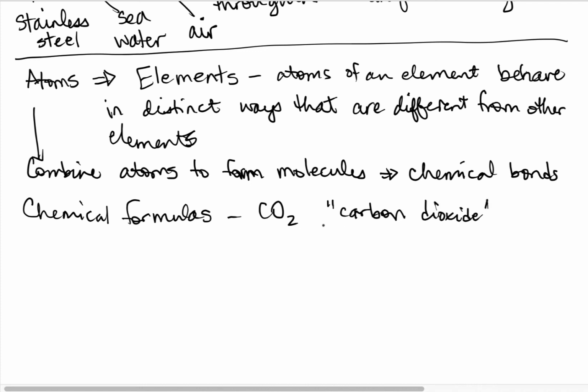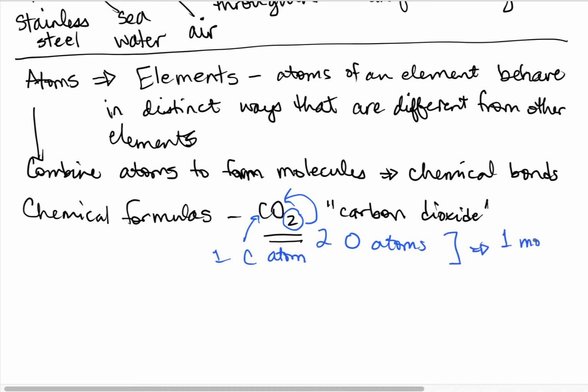And this chemical formula tells us what the ratio is between different elements in here. And so this 2 right here indicates to us that we have 2 oxygen atoms. And we have no subscript here, so that means we have 1 carbon atom. And together they make 1 molecule of CO2.